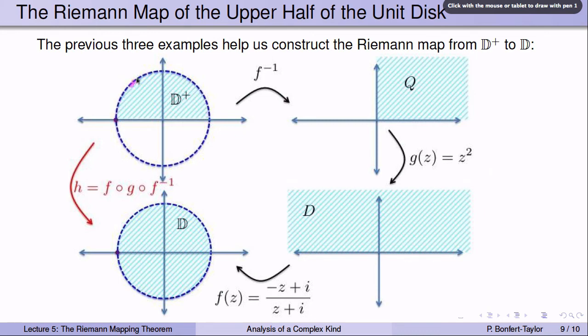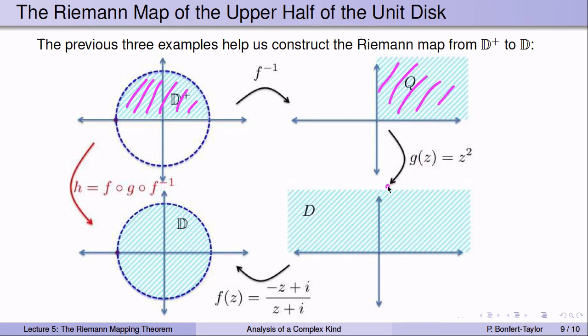Let's start with the upper half of the unit disk. We know that the restriction of F to the first quadrant maps the first quadrant conformally onto the upper half of the unit disk. So its inverse, F inverse, maps the upper half of the unit disk to the first quadrant.